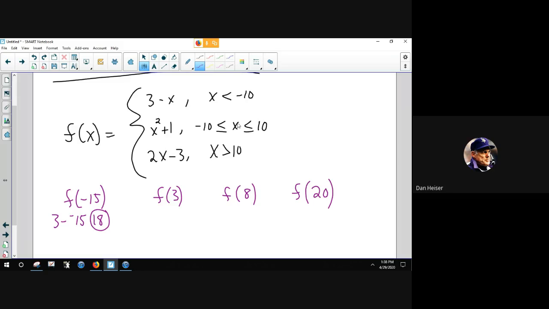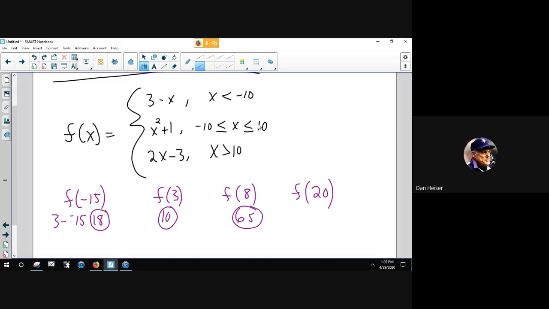This value of x is true for this section. So here's the rule for those numbers. We square it, we add 1. F of 3 is 10. F of 8. 8 still works here. 64 plus 1, 65. F of 20.